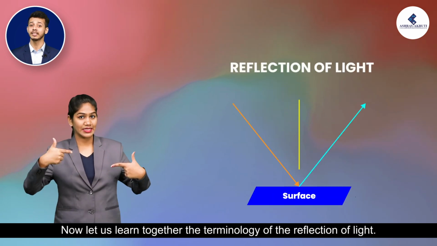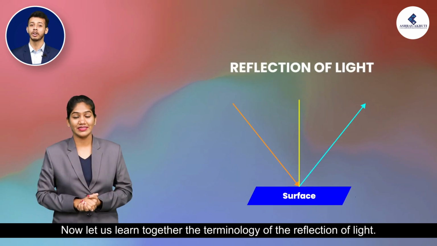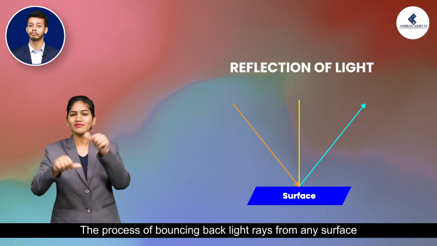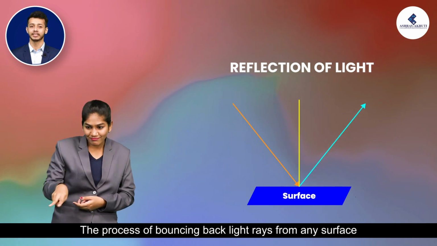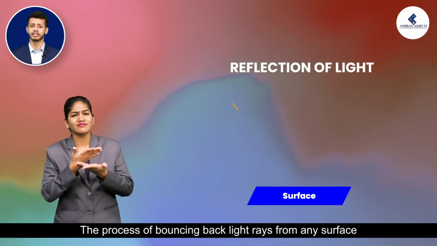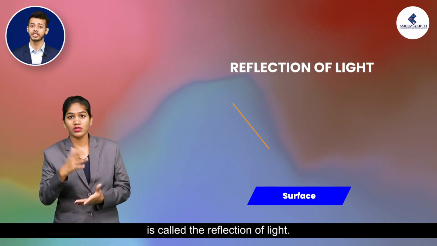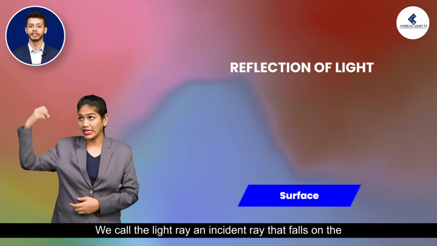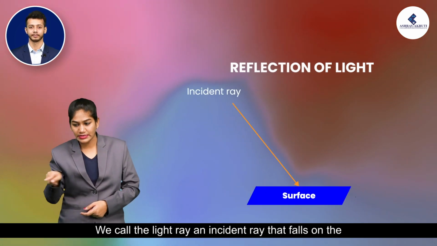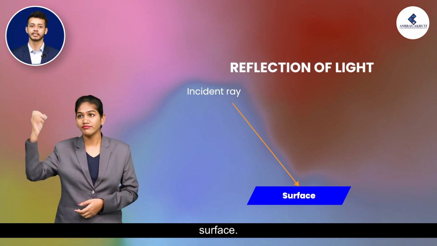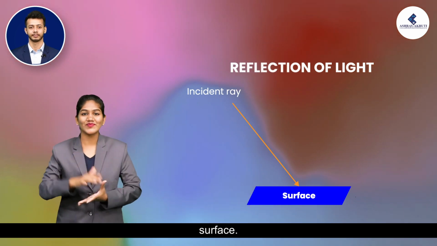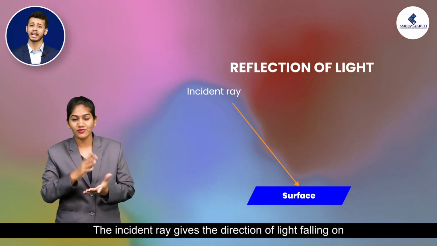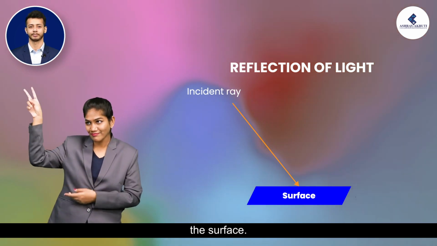Now, let's learn together the terminology of the reflection of light. The process of bouncing back light rays from any surface is called the reflection of light. We call the light ray that falls on the surface an incident ray. The incident ray gives the direction of light falling on the surface.